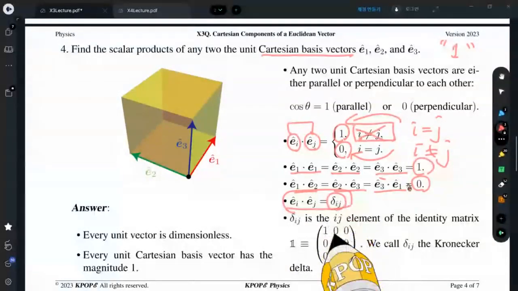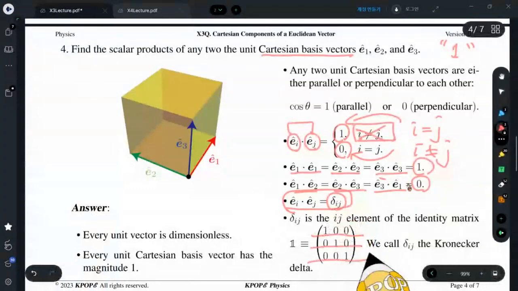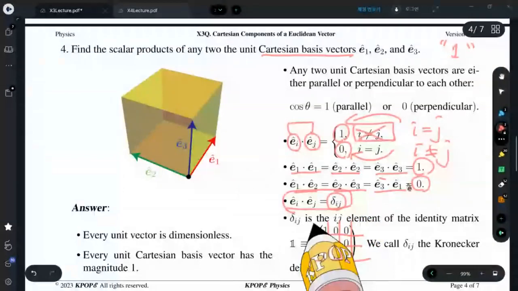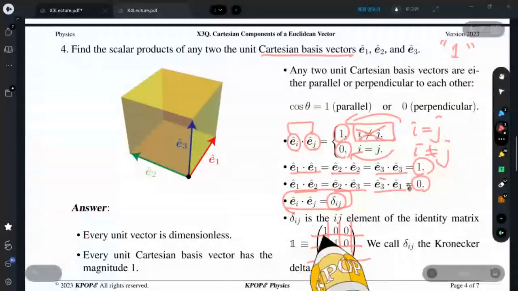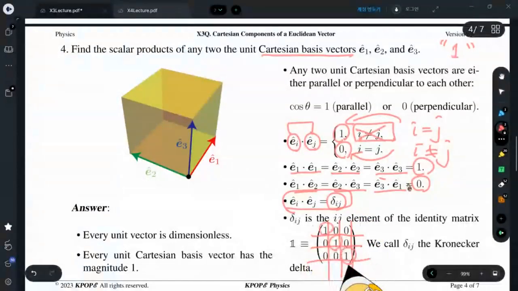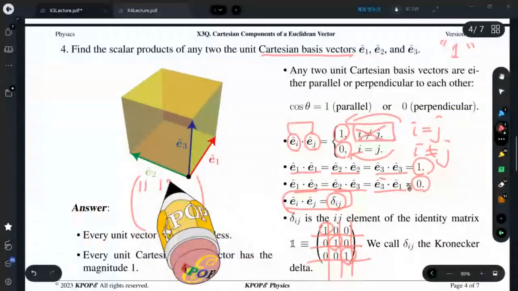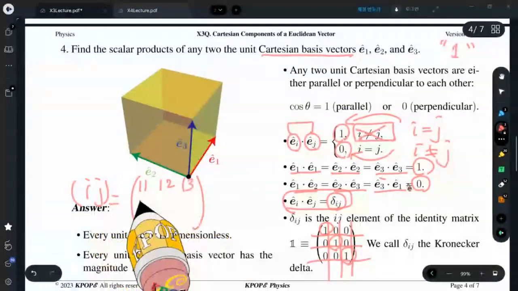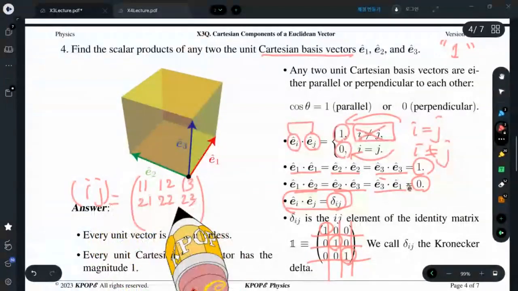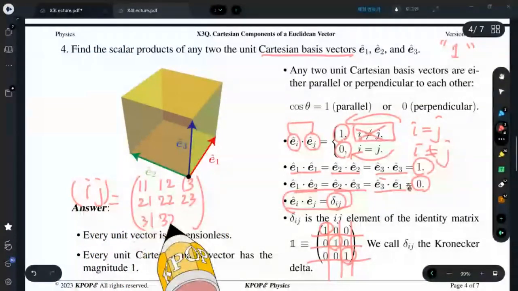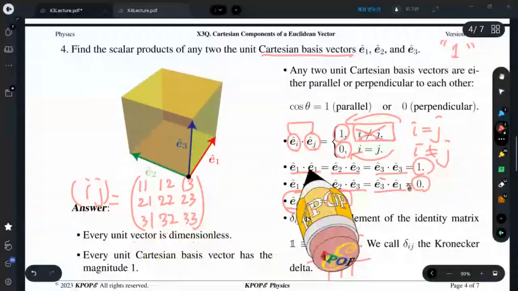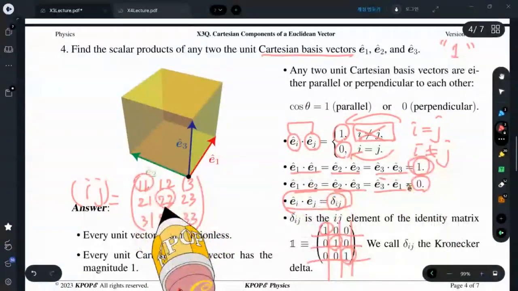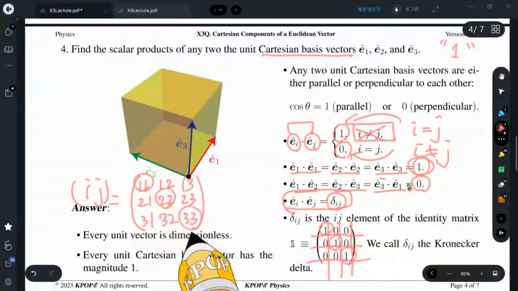Delta ij is the ith row and jth column element of this matrix. This is the diagonal component. The value is 1 only if it is on the diagonal.